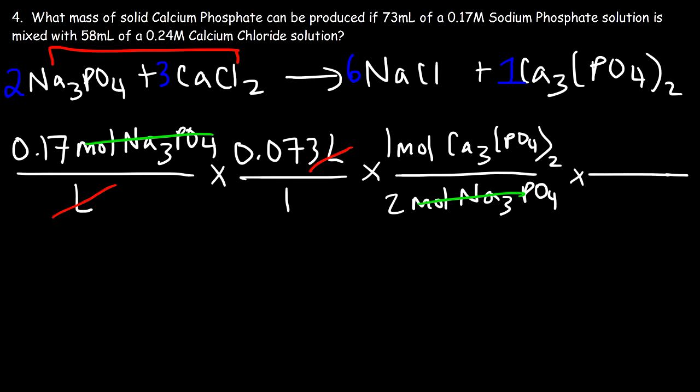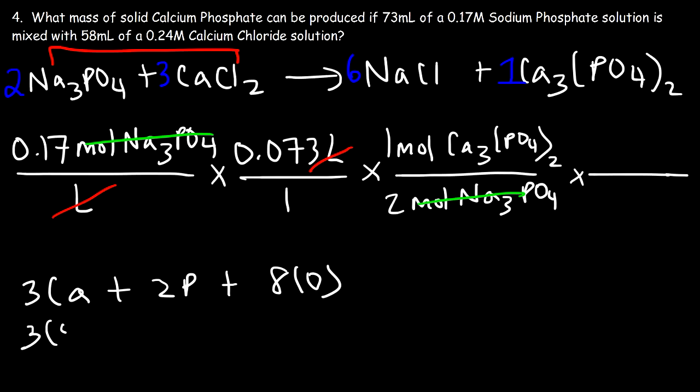Now the next thing that we need is the molar mass of calcium phosphate. So there's going to be 3 calcium atoms in that compound, 2 phosphorus atoms, and 4 times 2 is 8, so 8 oxygen atoms. The atomic mass of calcium is about 40.08.